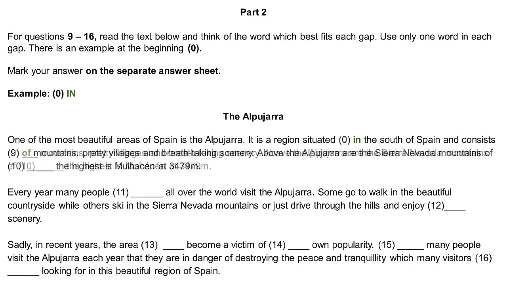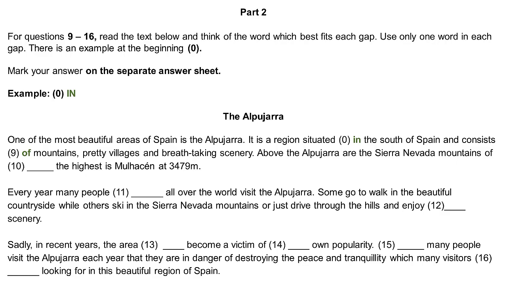The Alpujarra consists of mountains, pretty villages, and breathtaking scenery. In the exam, if you think the missing word is a preposition, but you can't remember which preposition, guess. Never leave a gap. Always answer every question.